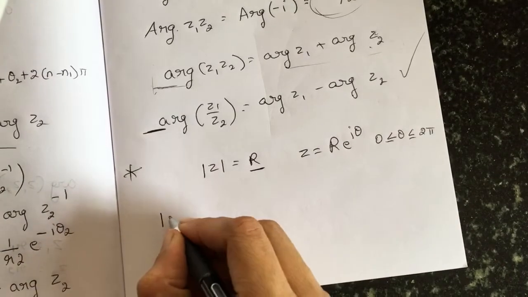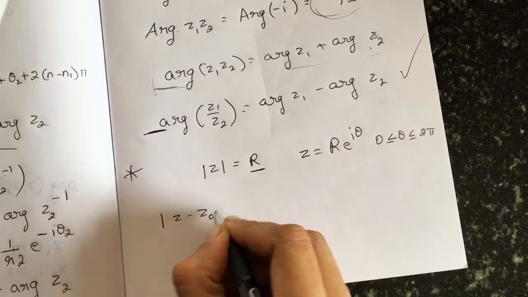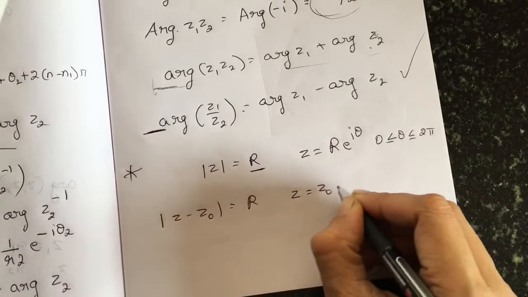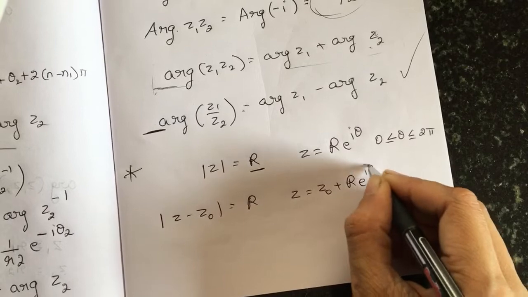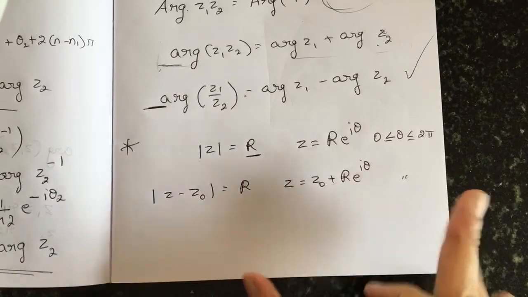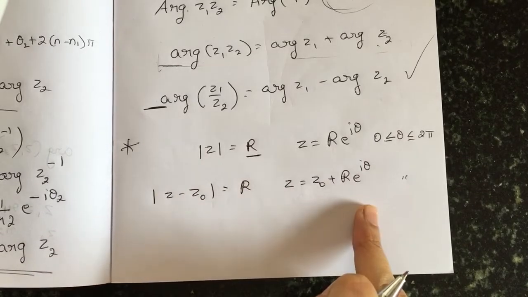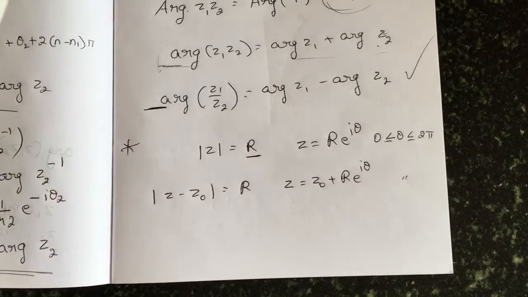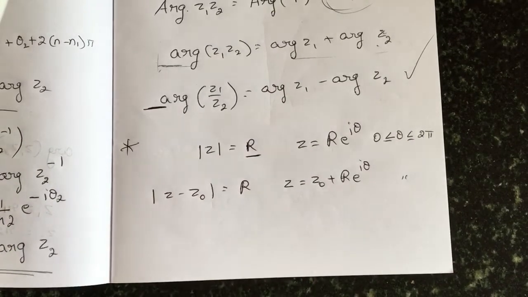So I can even write mod z minus z naught equal to r, where z is z naught plus r e power i theta, and again theta lies between 0 and 2 pi. If I write like this, then this also represents a circle whose radius is r but center at z naught, right? So we know this concept.